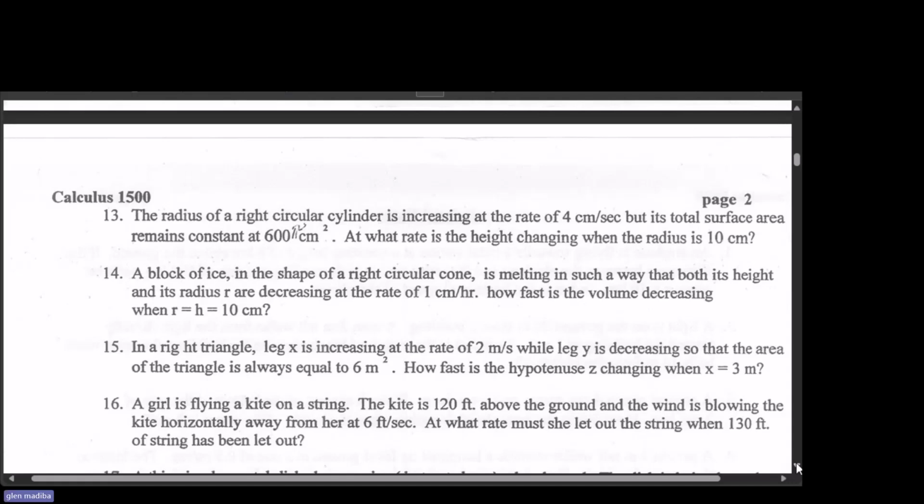A girl is flying a kite on a string. The kite is 120 feet above the ground. And the wind is blowing the kite horizontally away from the girl at 6 feet per second.